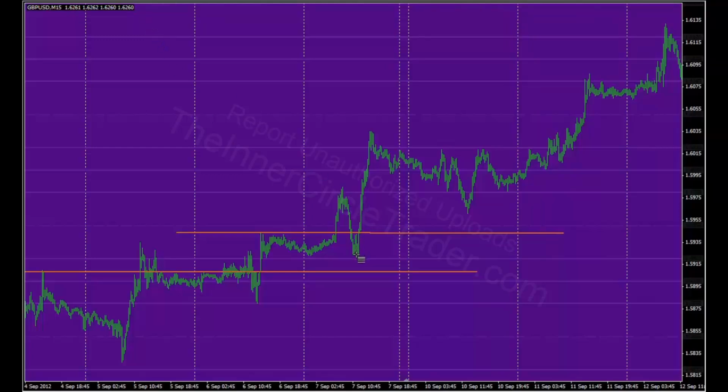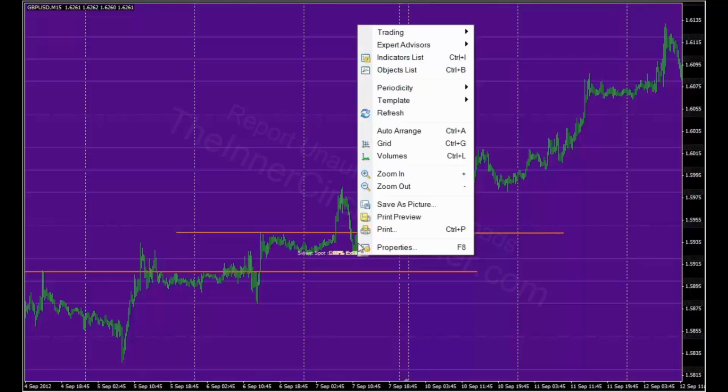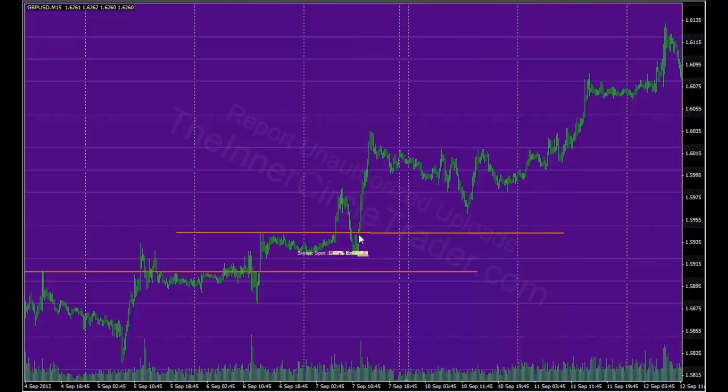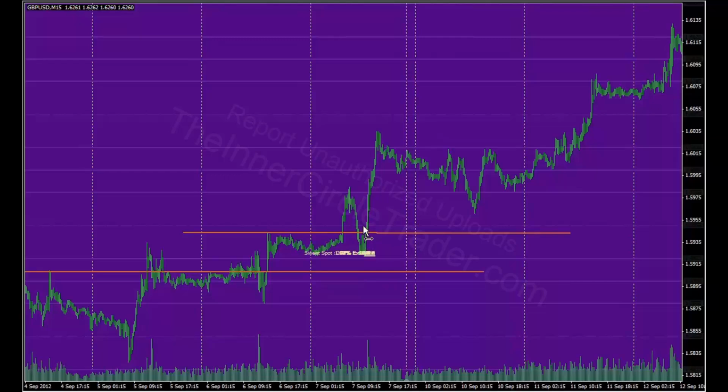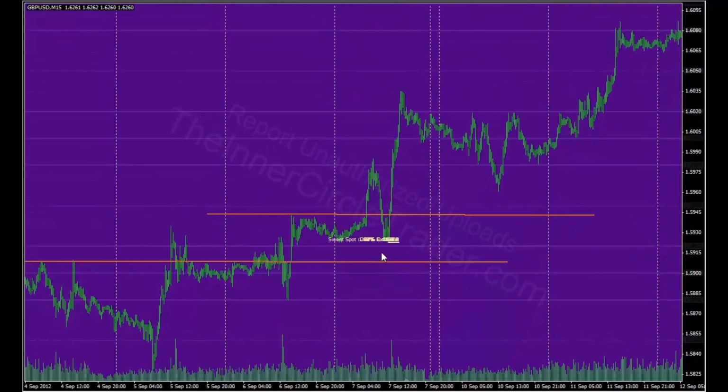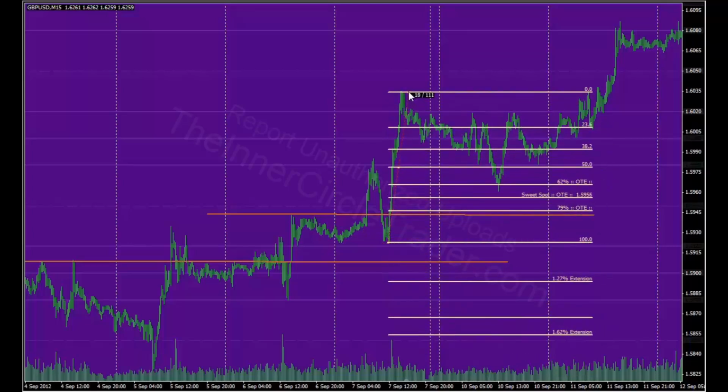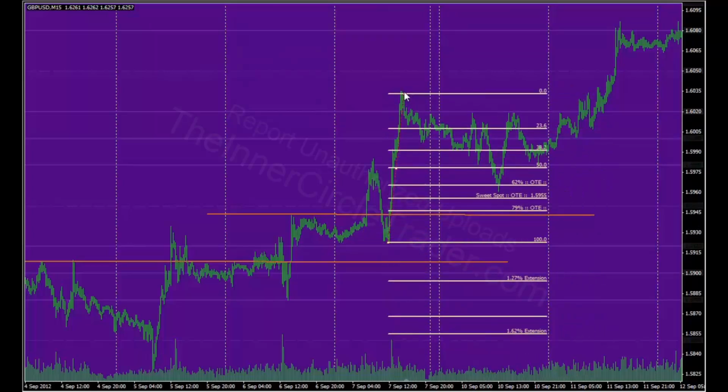Here's your range from this low on the Friday. Let's grab that fib again. Here's your range. Okay, here's your 62% retracement level.